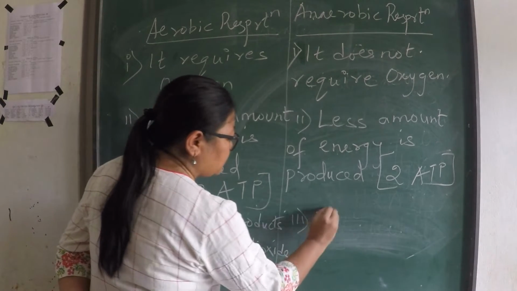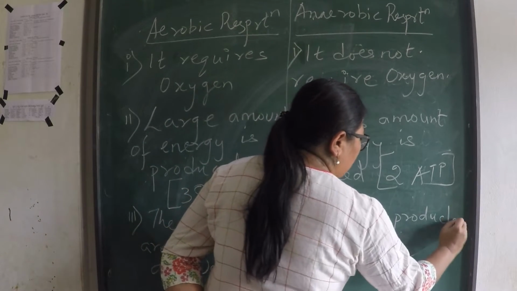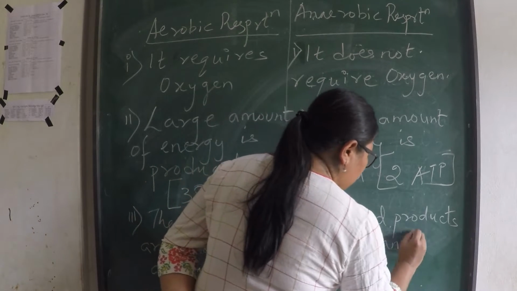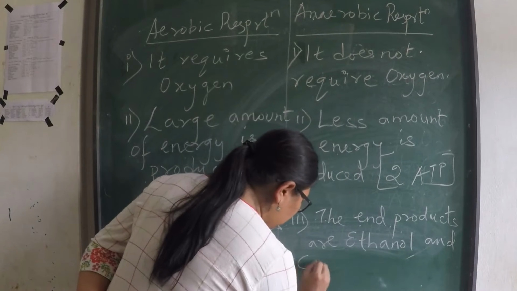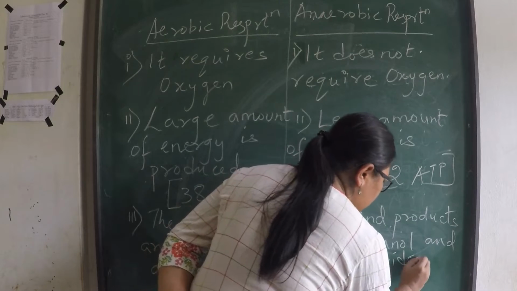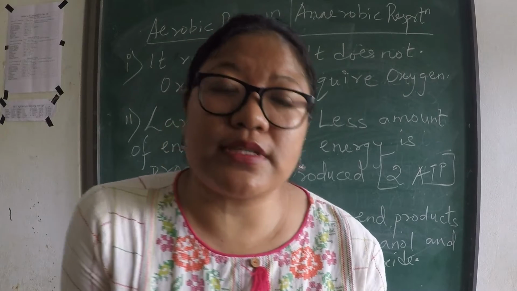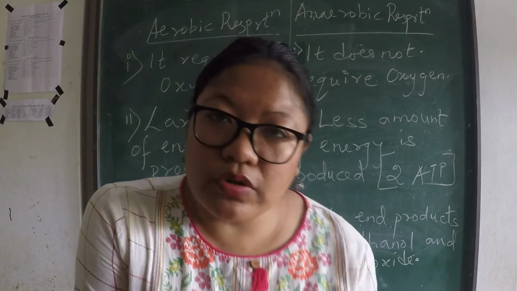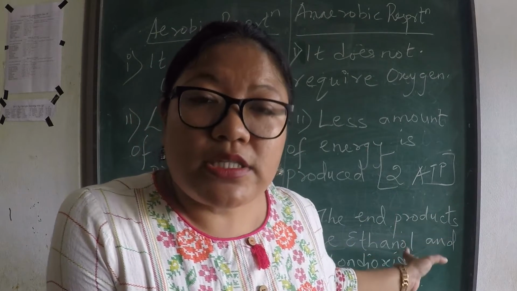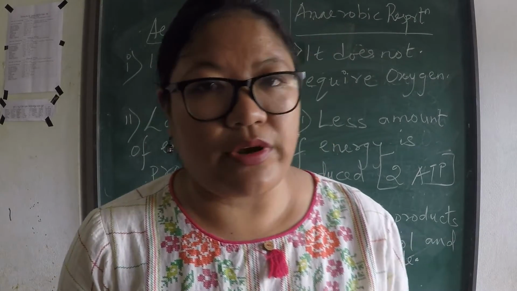And here the end products are ethanol and carbon dioxide. Energy is also their end product, but both the processes give out energy, so it is not the difference. That is why I have not mentioned the energy as the end product, because both of them produce energy as their end product.